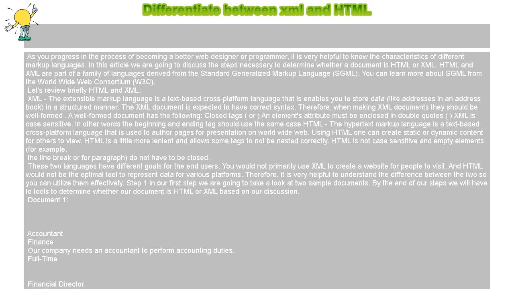Step 3. Clue number 2, closed tags and case sensitivity. In our first document all of our tags are closed. We see only beginning and ending tag types. These elements are referred to as being closed. XML documents must have closed tags. In document 2, on the other hand, we have tags which are not closed as well as a line break tag.